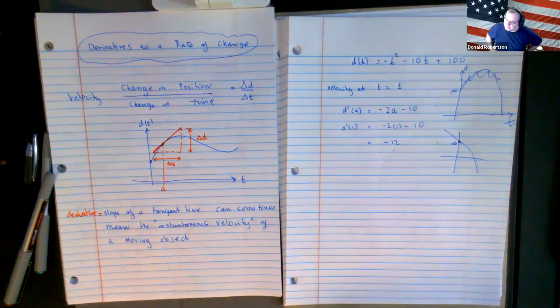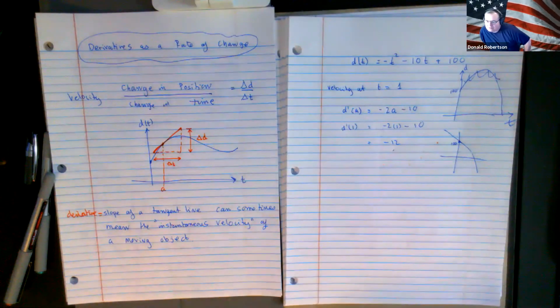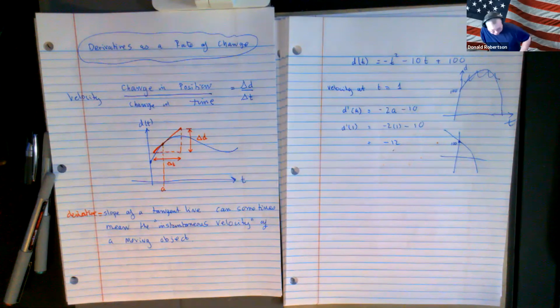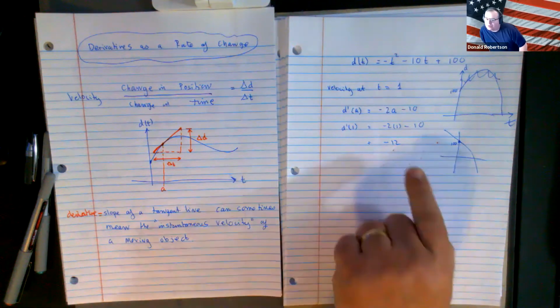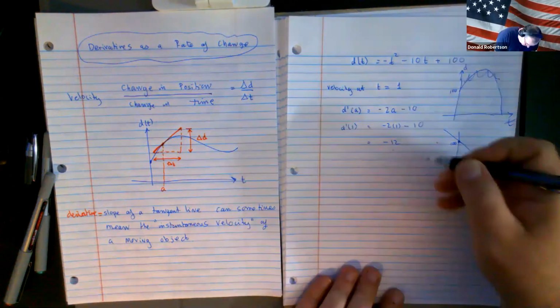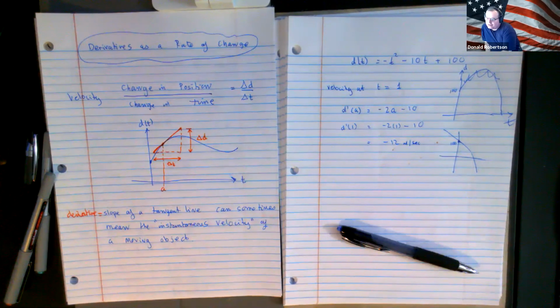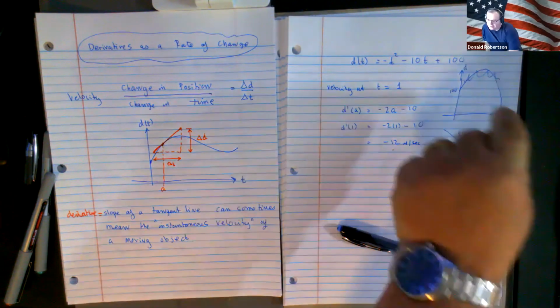I actually threw the rock towards the ground. That's okay. Do you know why I had to change my picture? That's -12. Now let's say the units are meters per second. Negative is okay. Doesn't negative mean you're going towards the ground? So that's why I changed my story.